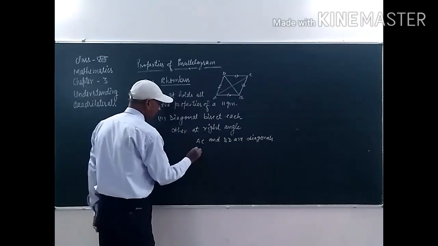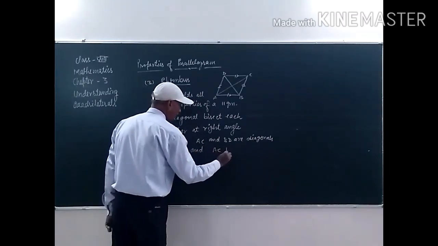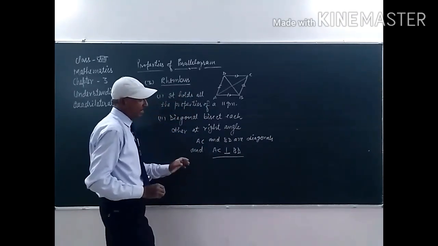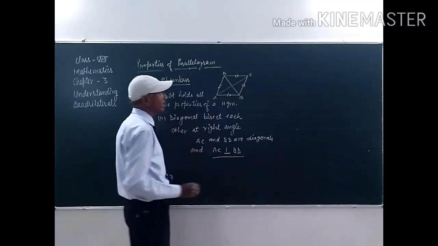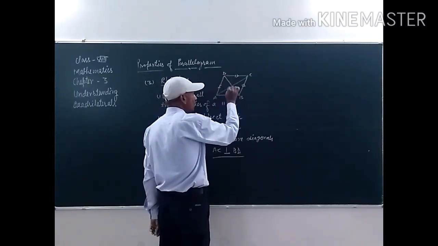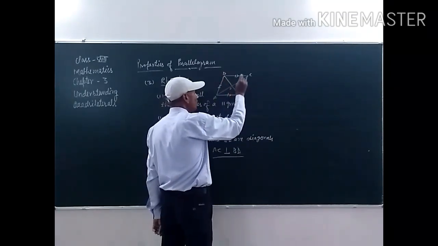AC is perpendicular to BD, or BD is perpendicular to AC. It means, student, suppose these intersect at O, so this angle DOC will be 90 degrees.